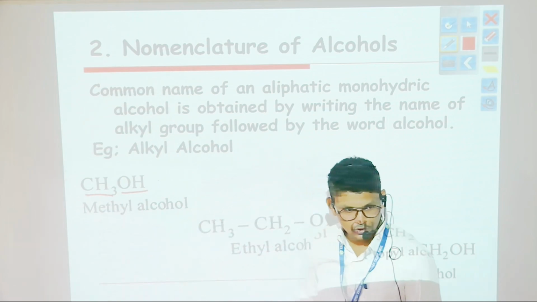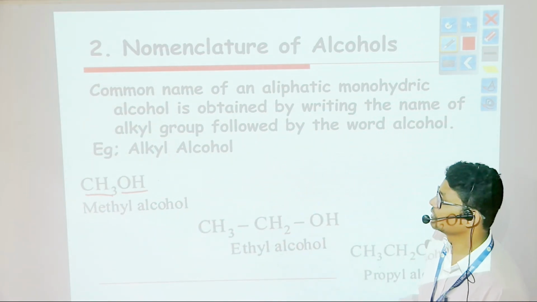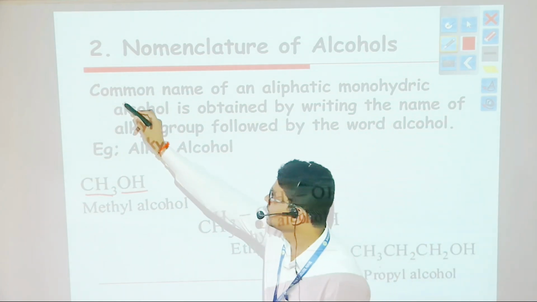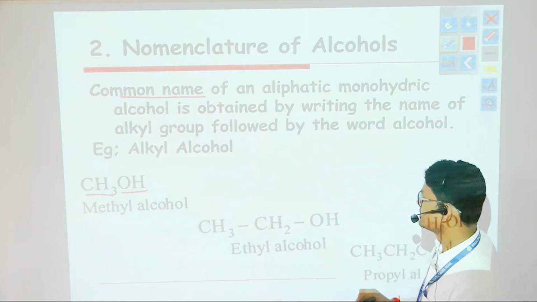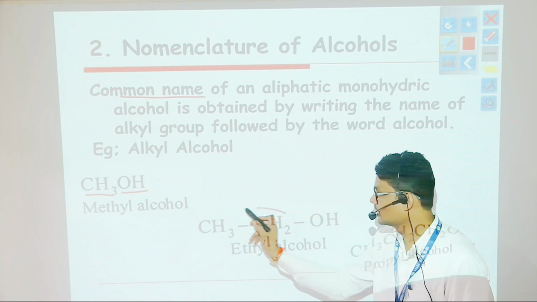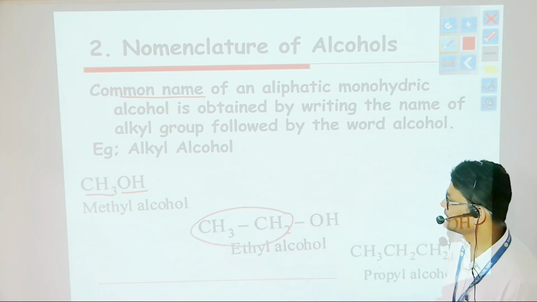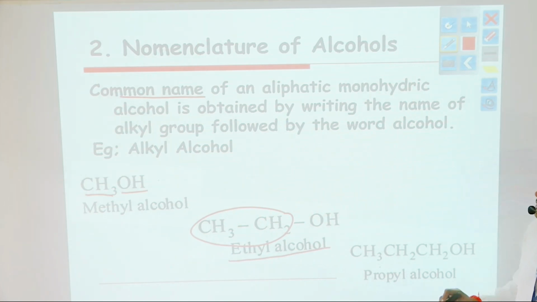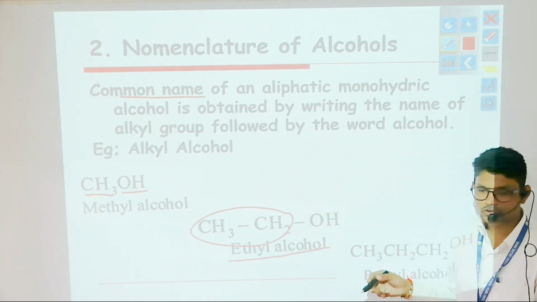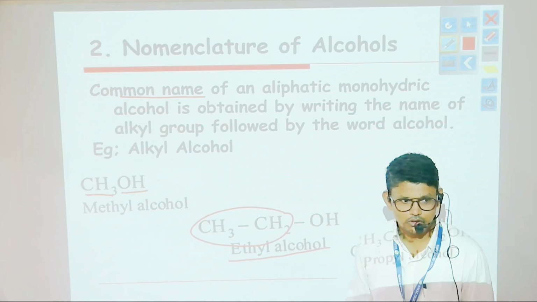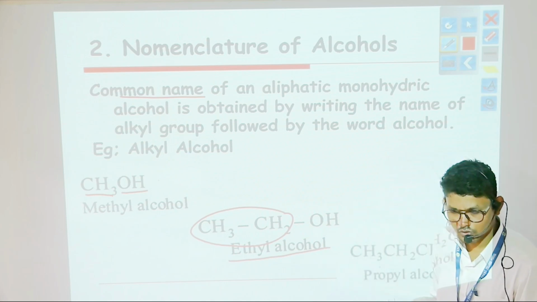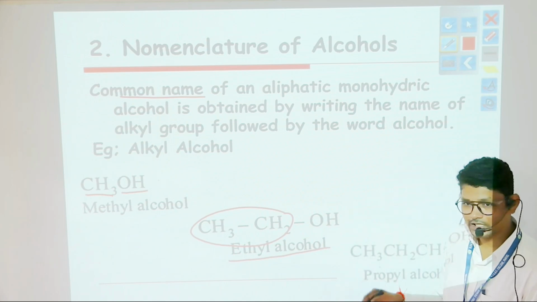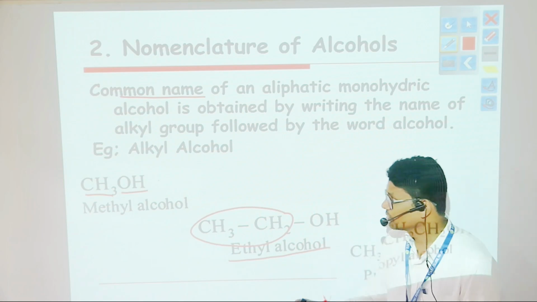CH3 is a methyl group, so the name of this alcohol is methyl alcohol as per the common name system. Similarly, this is the ethyl group, and accordingly the name of this alcohol is ethyl alcohol. So the common name system gives the name of the alcohol based on the alkyl group attached to the hydroxyl group.